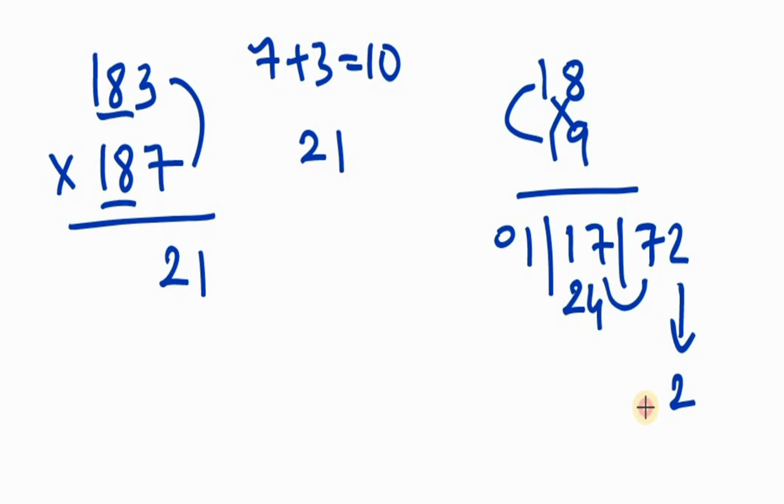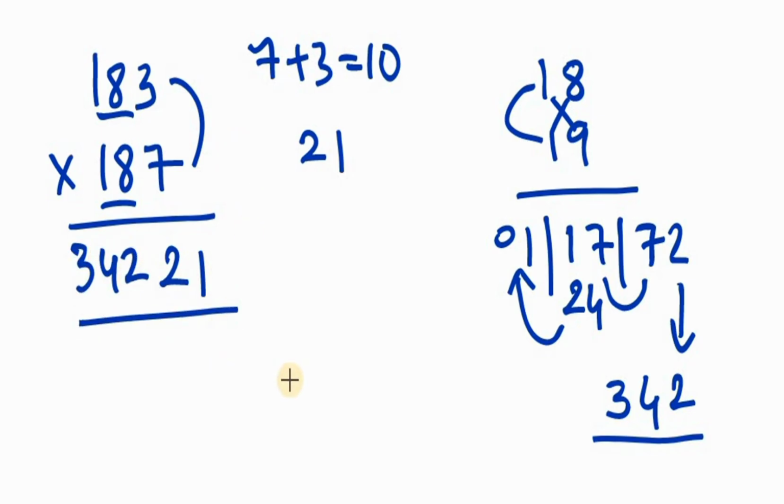So 4 you write here. 2 plus 1, that is 2. So what I will get? Sorry, 2 plus 1 is 3, no? Just a minute. 2 plus 1 is 3 here. So what I will get? 342. So just write here 342. So that is the answer when we multiply 183 into 187.